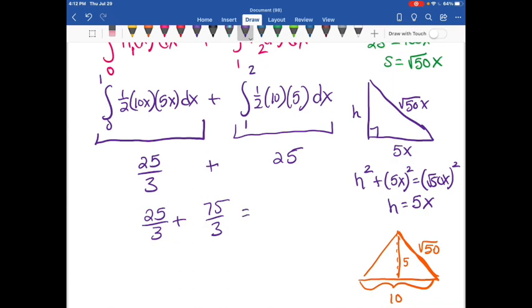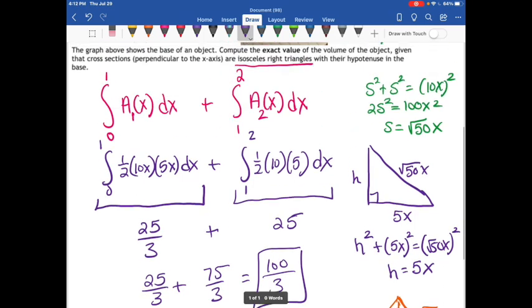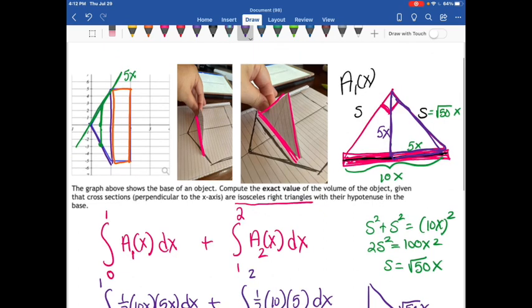I'm just writing it with a common denominator. I'm going to get 100/3 as my final answer. So that's going to be the volume of the solid that has this base shown in the graph, but then you have the triangle cross sections that come up out of the page.